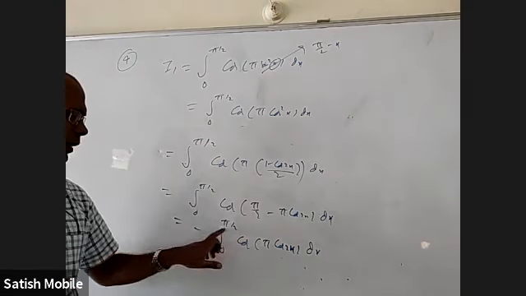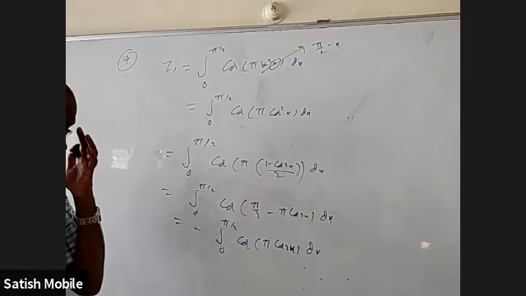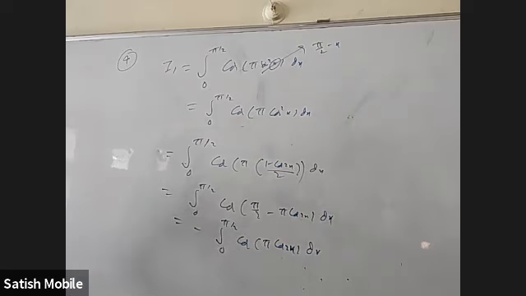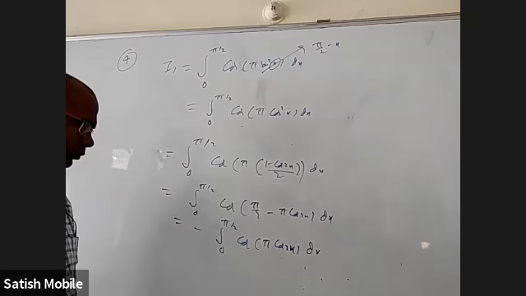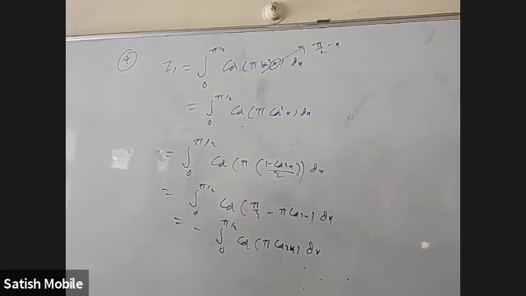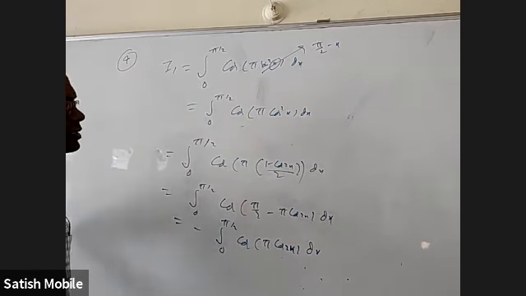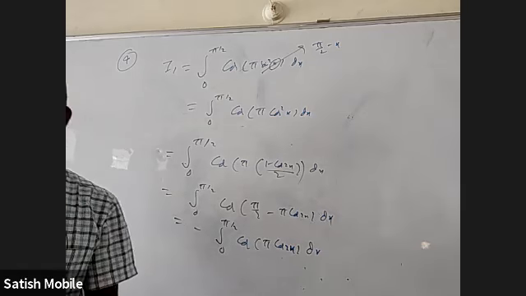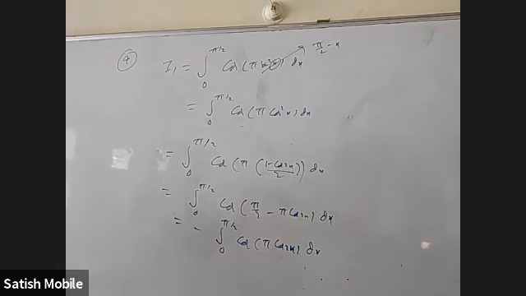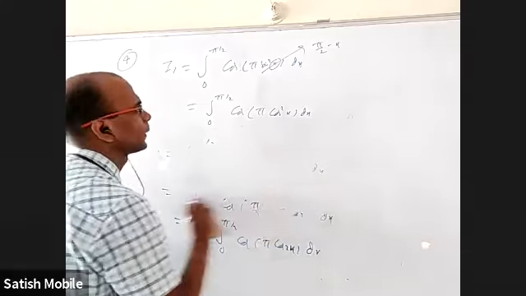If I replace x with pi by 2 minus x here, I'll get pi minus 2x. I'll get a minus, minus will be taken care. If I take this as I1, this as I1, apply transformations cos c plus cos d is 2 cos c plus d by 2. That itself is becoming 0. I think I1 plus I2 is easy to do it. Nothing wrong.